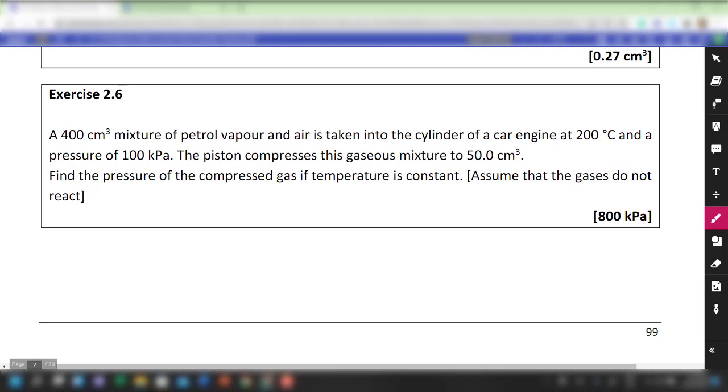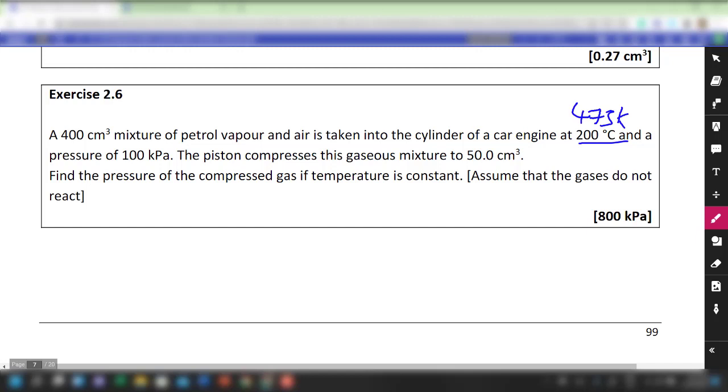You have a 400 cubic centimeters mixture of petrol vapor and air taken into the cylinder of a car engine. Again, temperature converts to Kelvin, please. So you need to add 273 over here. 200 plus 273, that's 473 Kelvin.